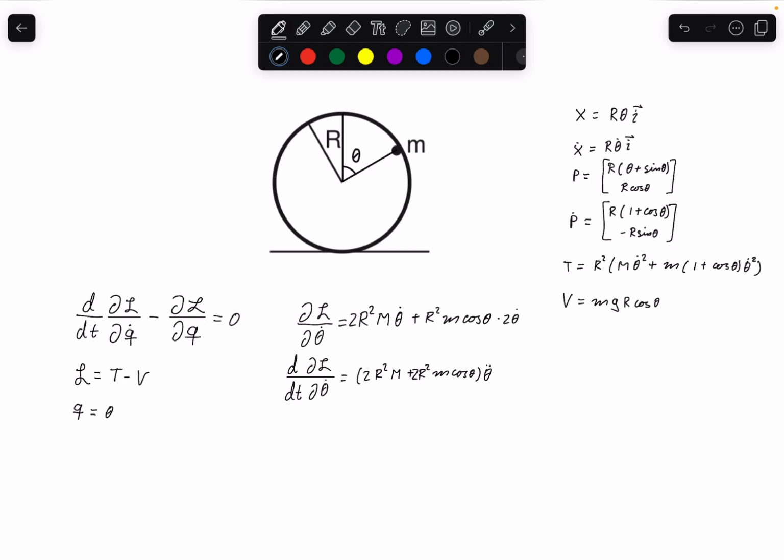And then we take the derivative of this cos theta, so then we get minus sine theta multiplied by r squared m, and then 2 theta dot.